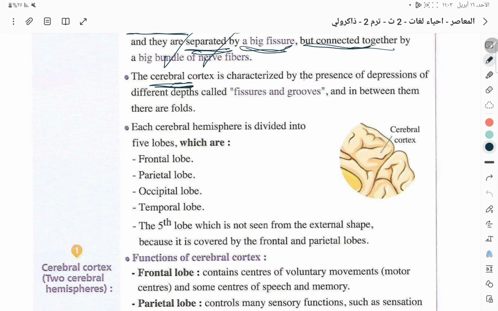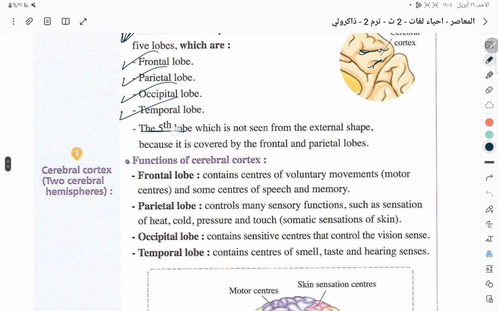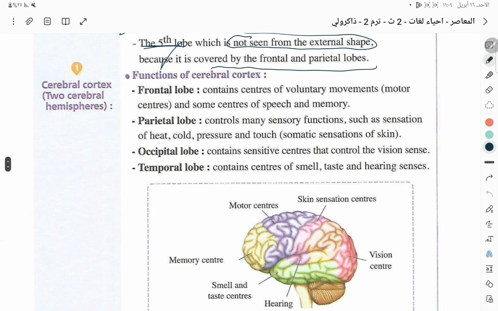The cerebral cortex is characterized by depressions called fissures and grooves. Each cerebral hemisphere consists of the frontal lobe, parietal lobe, occipital lobe, temporal lobe, and a fifth lobe, which is not seen from the external shape because it is covered by the frontal and parietal lobes.